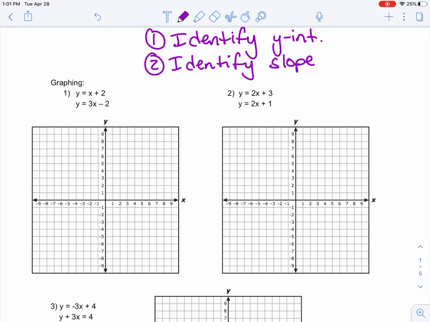So for the first one, our y-intercept is positive 2. So we're plotting our point at 0, 2. The slope is 1. Since there's nothing in front of x, we assume that there's 1, which means we're going to go up 1 over 1, up 1 over 1. And then we can draw our line to connect those. There we go. Our first line is plotted.